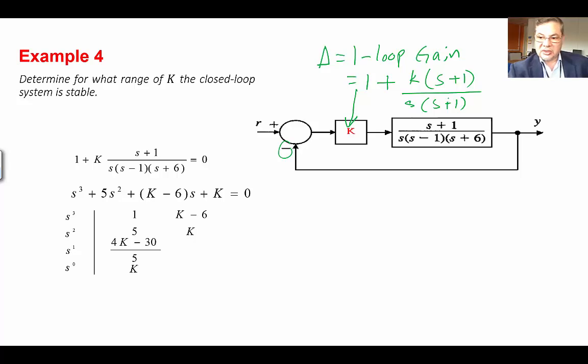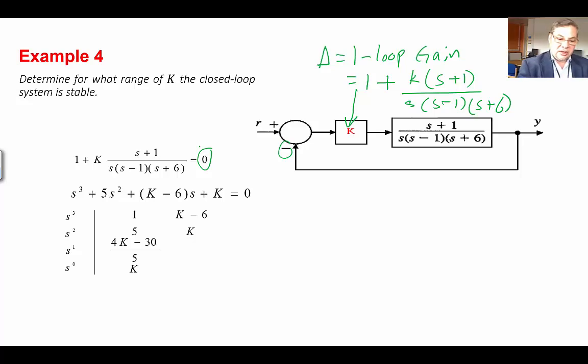That's actually minus 1 and s plus 6. Where did I get this from? I got this from Mason's theorem. So this equal to 0 is my characteristic equation.